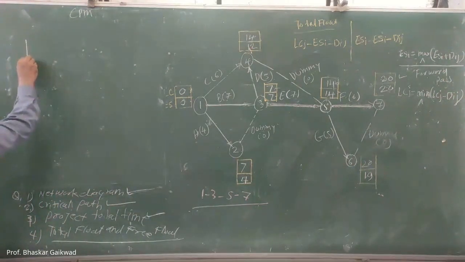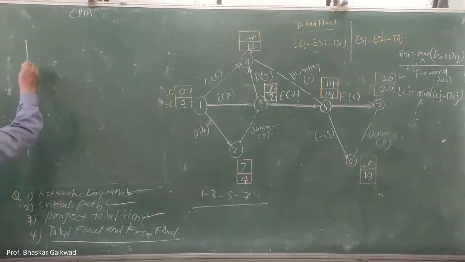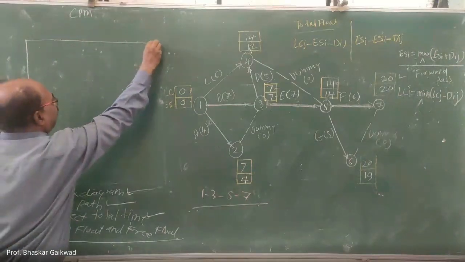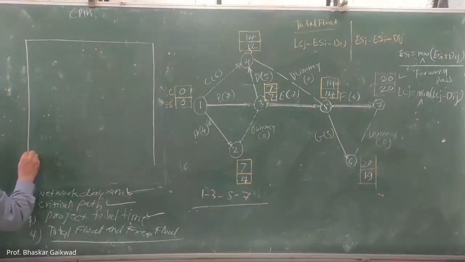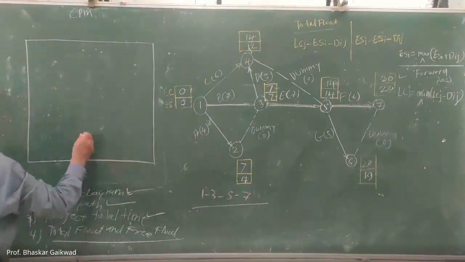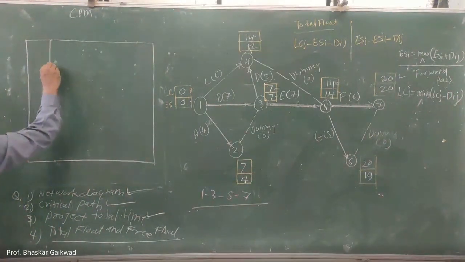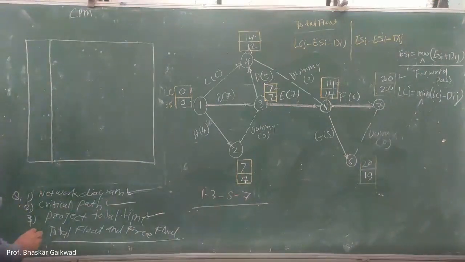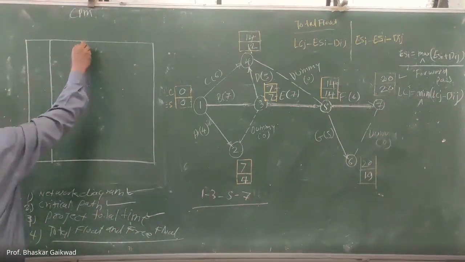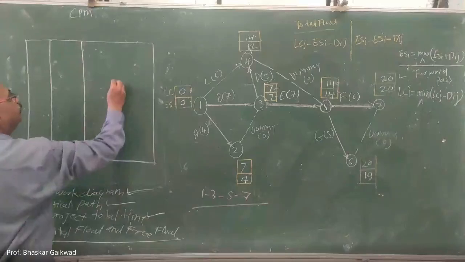So here, once again, you have to make the chart like this way. Here the activity. This is the activity. Then this is the duration.